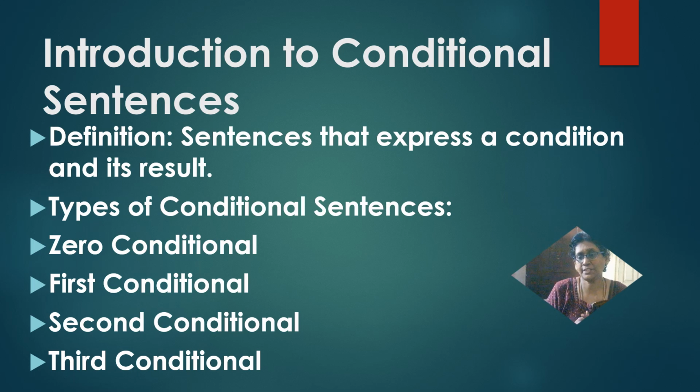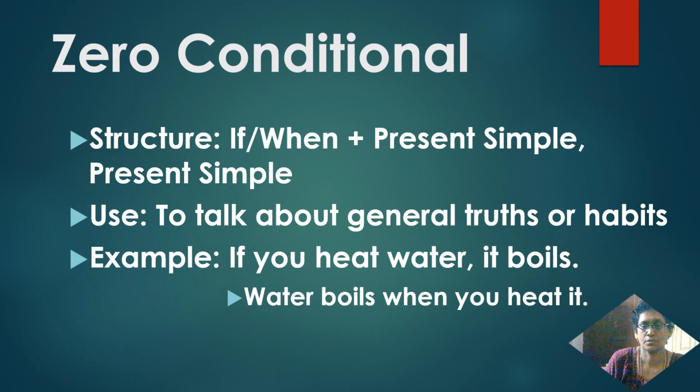And we have types. The first one is zero conditional, first conditional, second conditional, third conditional, and one more thing which I will teach you in the end. These are the types of conditional clauses that we should be aware of. So now we have zero conditional.